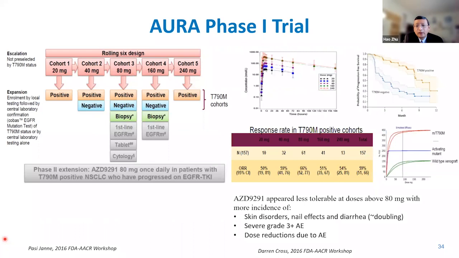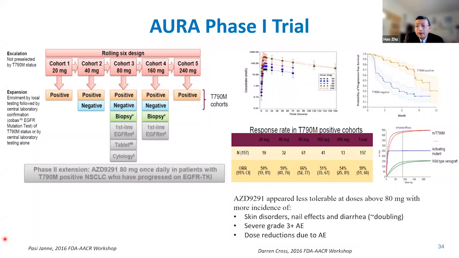So the phase 1 clinical trial, AURA, was thus conducted over a broad dose range covering from 20 milligram to 240 milligram. So even though the patients were not enrolled by mutation status, the existing data allow a direct comparison of the treatment effect in patients with T790M mutation.